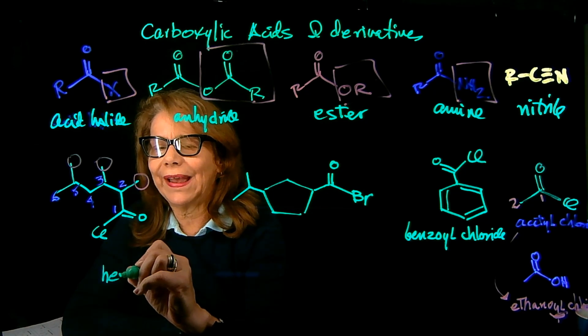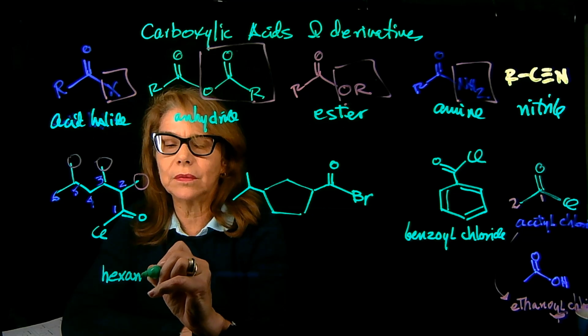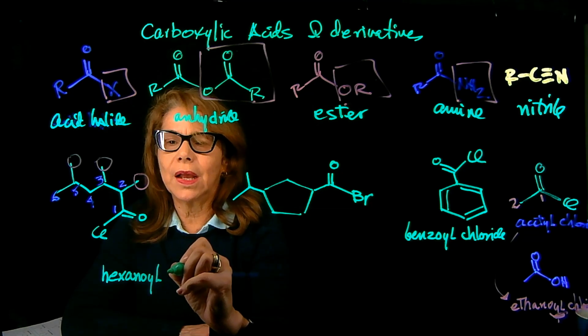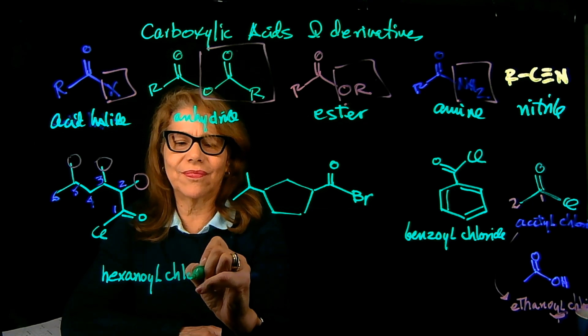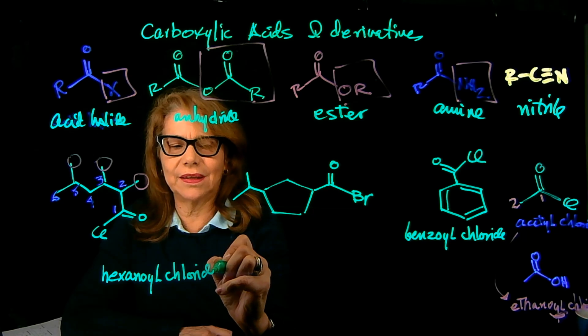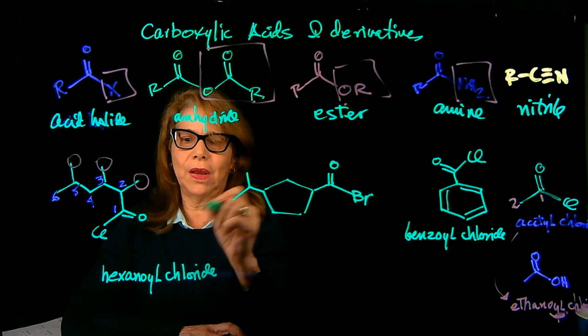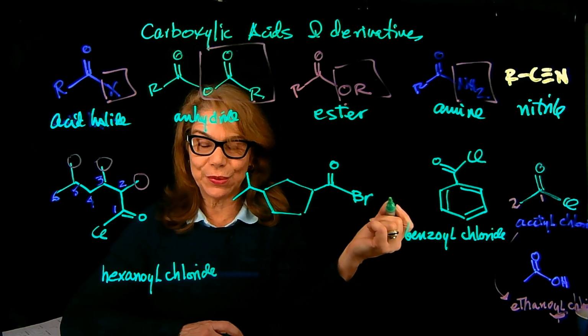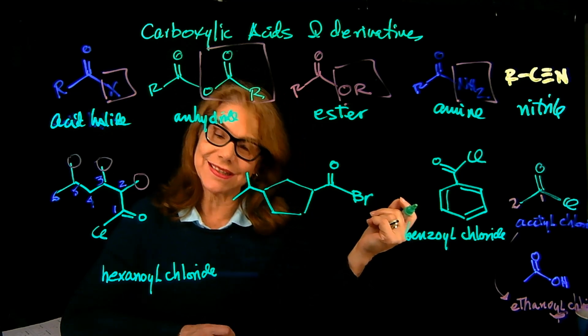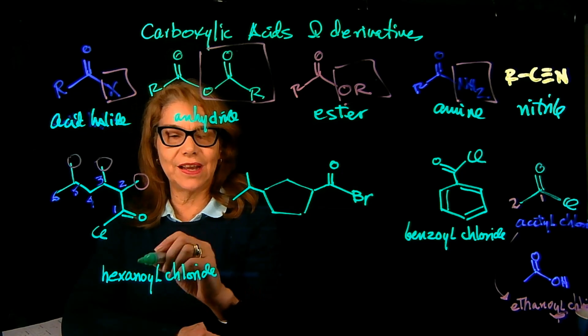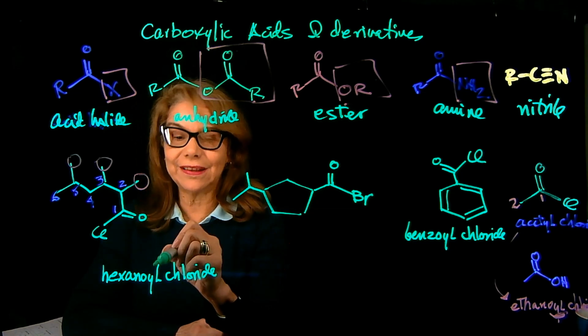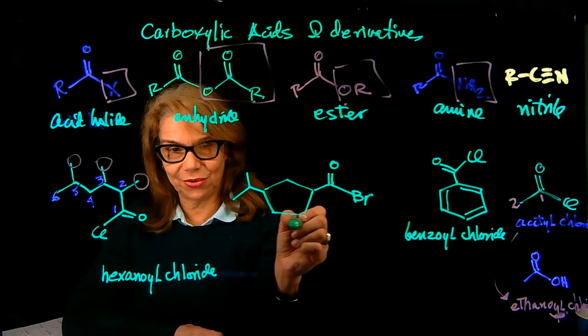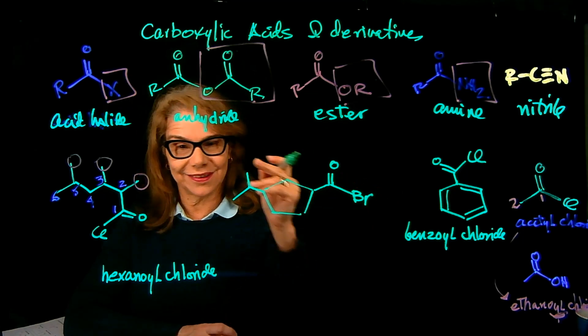So when I list that, I'm going to say trimethyl. So now for the name, hex is my prefix. So hexanoyl chloride. Again, I have changed the termination. If the acid would be hexanoic acid, if it is the acid halide, it is a hexanoyl chloride, or bromide in this case.